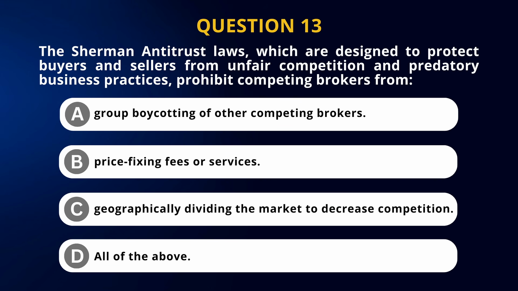Question number 13. The Sherman antitrust laws, which are designed to protect buyers and sellers from unfair competition and predatory business practices, prohibit competing brokers from letter A, group boycotting of other competing brokers. Letter B, price fixing, fees, or services. Letter C, geographically dividing the market to decrease competition.